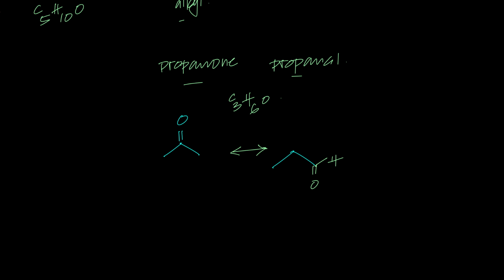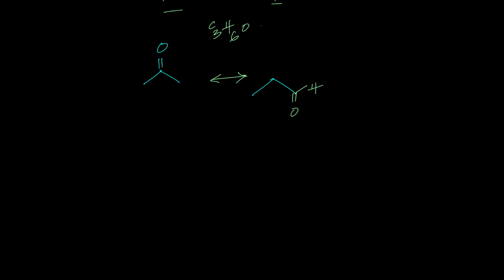Aldehydes have the functional group of CHO, whereas ketones have a functional group of carbon bonded to 2 R groups. So if the examiner says write or draw the functional group for any ketone, it's basically carbon bonded to R and R dash. That's what you show the examiner. But if it says write the functional group for any aldehyde, it's the CHO group of atoms. Or you could show it as C double bonded to O, H and R. Both are correct ways.